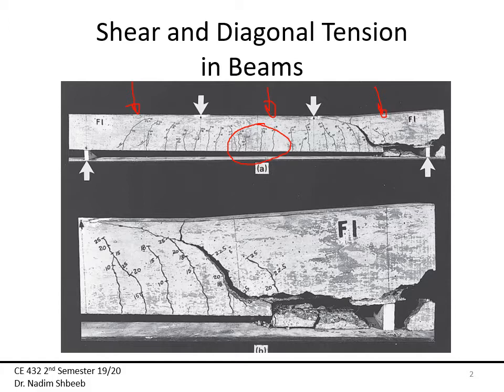And you will notice that usually the flexural cracks go in the upward direction, and they're not wide. On the other hand, if you look at the web failure or the shear failure around here, they start out smaller, and then they take some sort of a bend, and we're going to talk about that in the next slide.